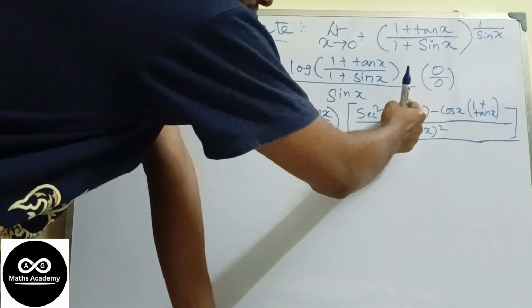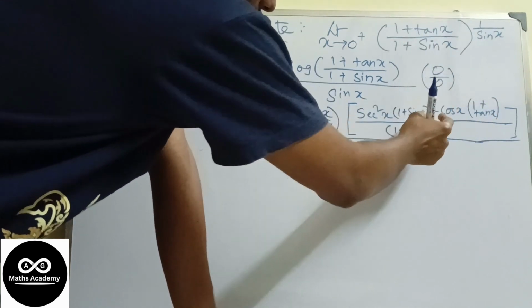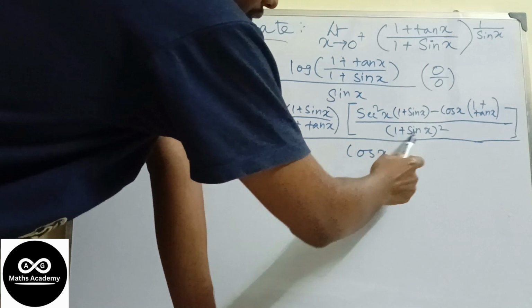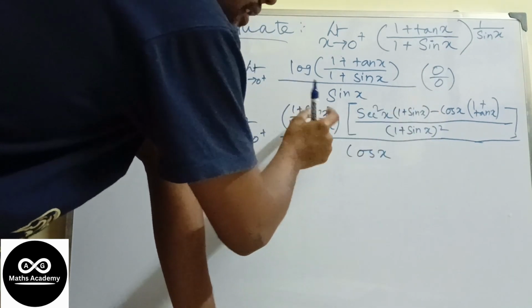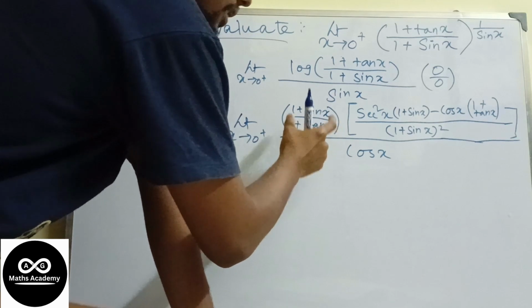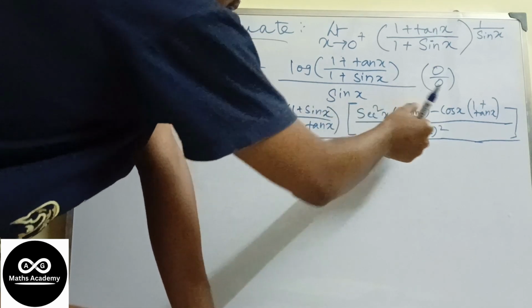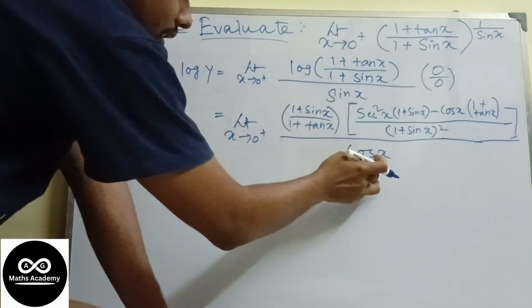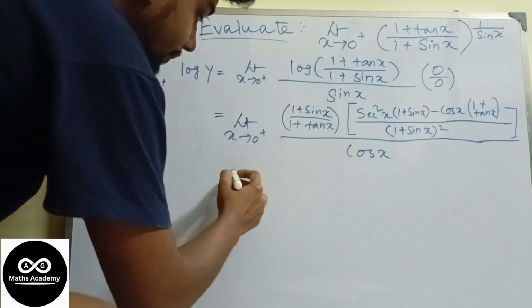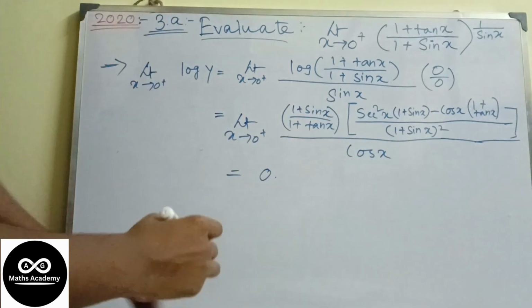So it will be 1 minus 1 which will be 0, and it will be 1. So 0 by 1, which will be 0.